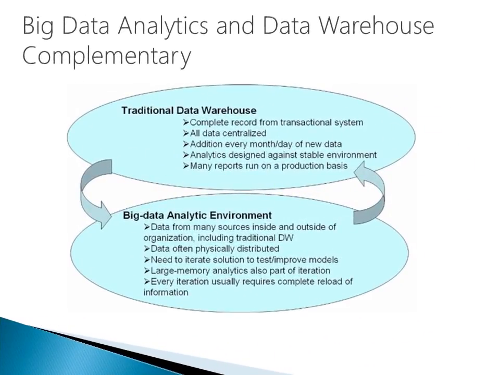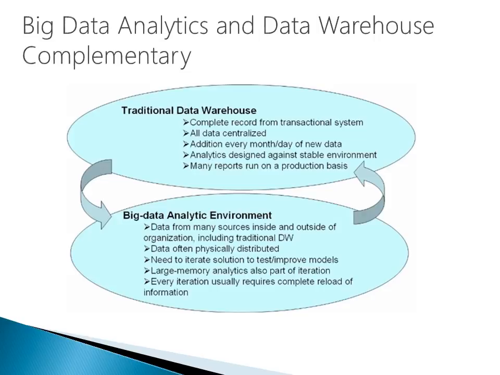We can also think about big data analytics and the data warehouse, or BI, as complementary technologies. A traditional data warehouse has all of the information centralized. It's brought in on a regular basis through the ETL process, and the analytics are designed to run against this environment.